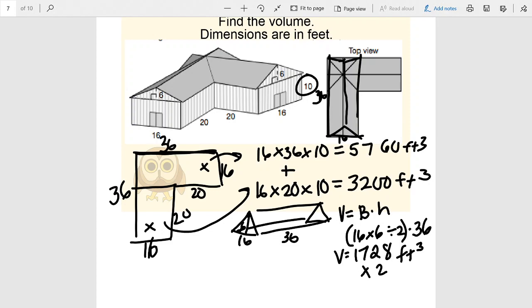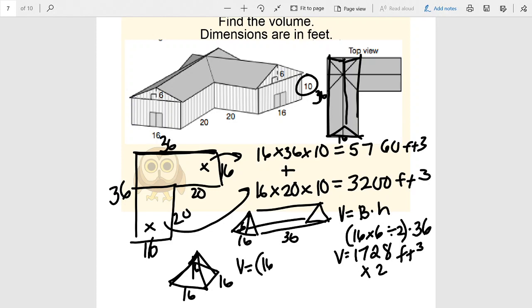It's not going to be our total volume though, because when we do this, we have an overlap. We have this square pyramid here, okay, that has a base of 16 by 16 and a height of 6. So let's actually figure out what the volume is of that pyramid that we've actually overlapped. We're going to do area of the base times the height, but since it's a pyramid, we're going to divide by 3.